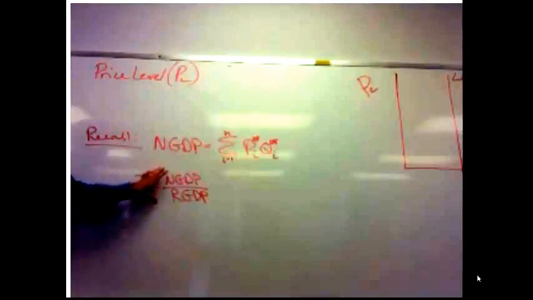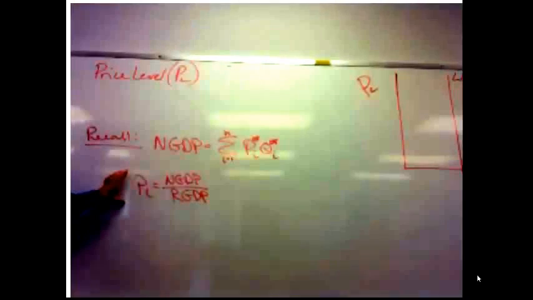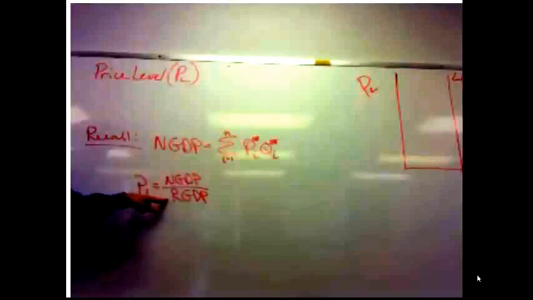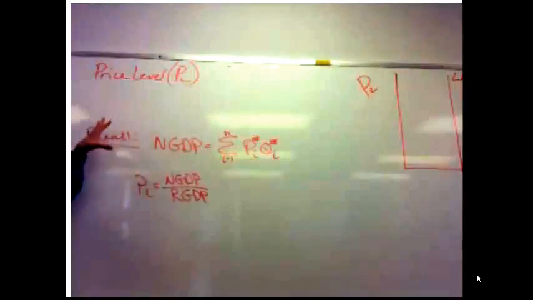So it's an index number, and in the base year, it's equal to 100. Nominal GDP equals real GDP. So we just arbitrarily pick a year to base all of our calculations from.